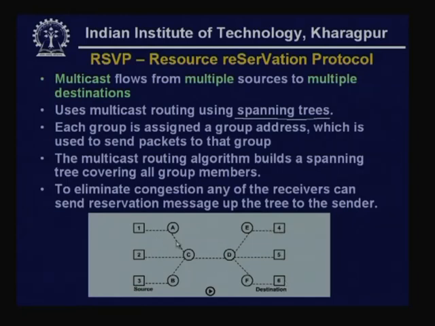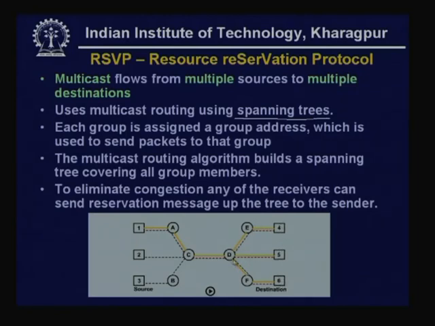So, each source will form a spanning tree, as you can see. Here the spanning tree goes from this station to node A, then to node C, then to node D, and from there, as you can see, it is going to three different destinations.